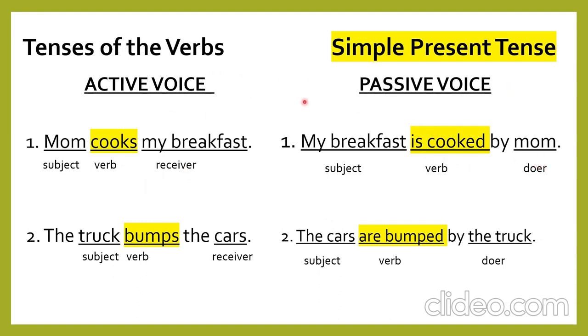Same thing with passive voice here. The cars, the subject, will become the receiver in active voice. The verb will change from the one with auxiliary to a simple present tense, and then the doer will become the subject in the sentence. That's for active and that's for passive.